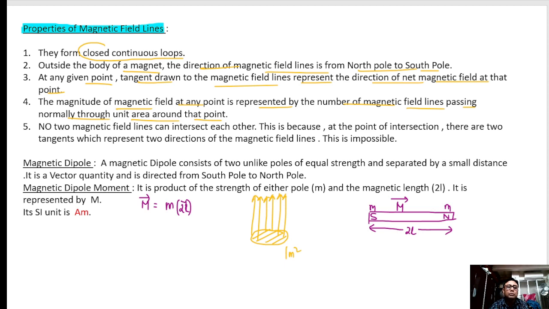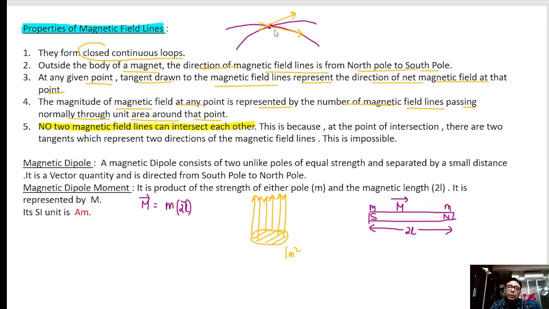Now please note here, no two magnetic field lines can intersect each other. Okay, this is a very important topic. No two magnetic lines can intersect each other, because if two magnetic field lines intersect at this point, this is a magnetic field line, this is a magnetic field line, and if I want to draw a tangent, I can draw like this, and for this line it will be like this.